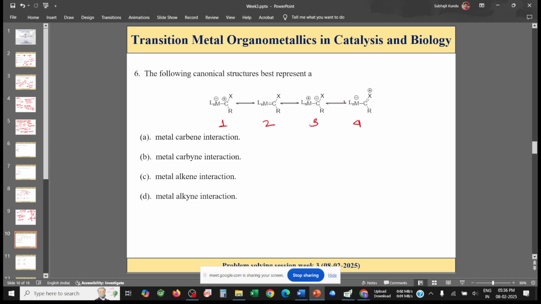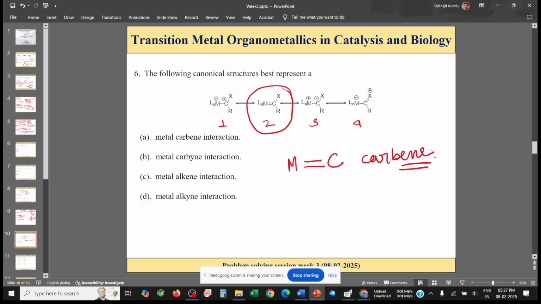In structure number 2 this is a neutral molecule, and in the neutral state the carbene is doubly bonded to the metal. When a metal is bonded to carbon with a double bond, we call it a carbene.